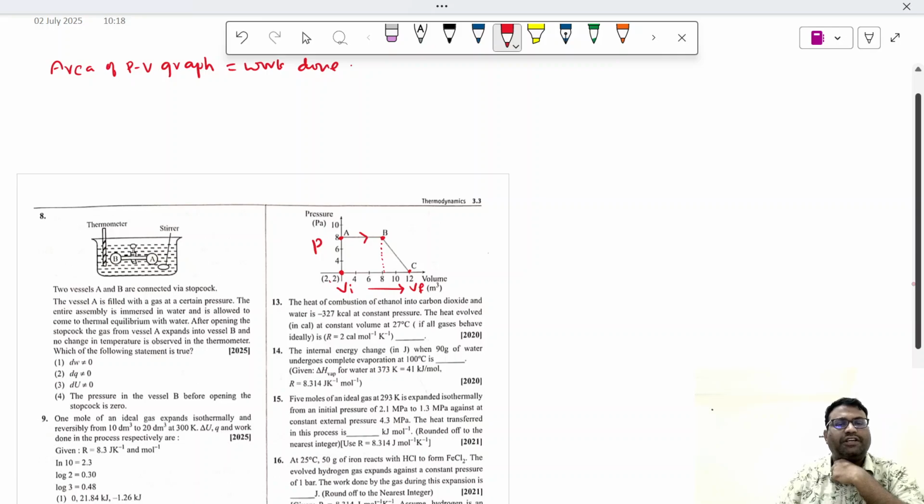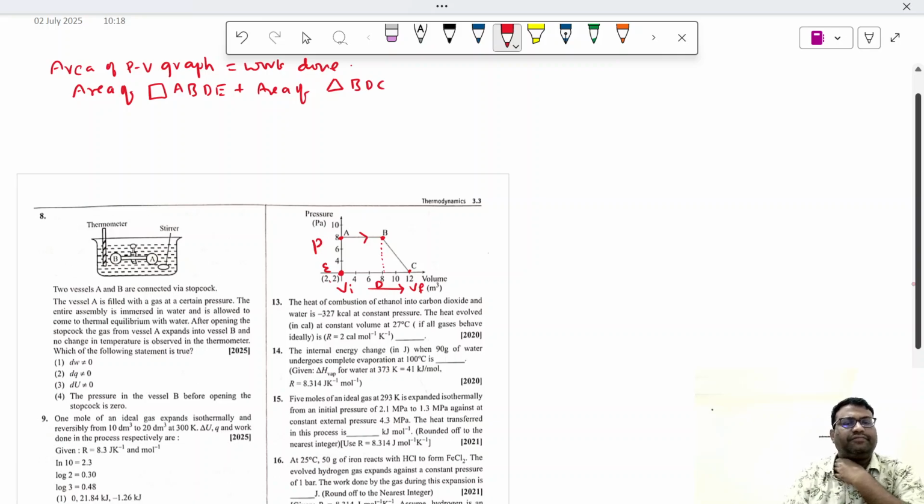So let us take ABC, 8 is D, and here the starting point is E. So total area is equal to the area of the square ABDE plus the area of the triangle BDC. The area of the square ABDE: 8 minus 2, and here also 8 minus 2. 8 minus 2 is 6.